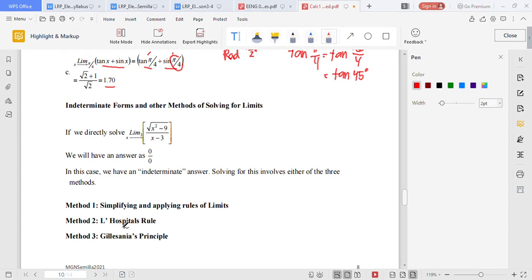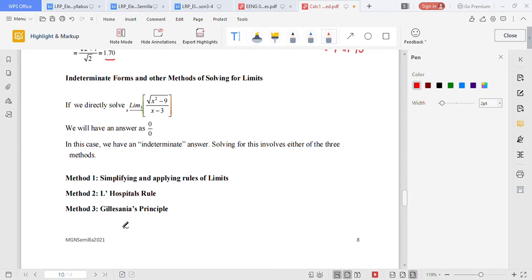If we directly solve the limit of the given function, square root of x squared minus 9 over x minus 3, and we immediately substitute the value of x being approached, that is 3, then we will have a 0 over 0. If that is the case, then we have an indeterminate answer.